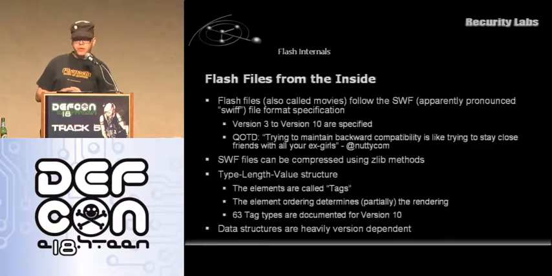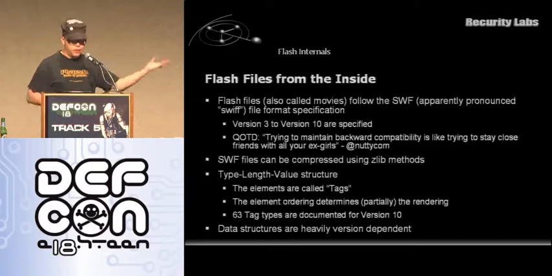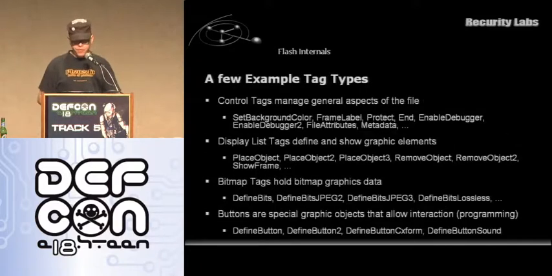In principle, the file format is composed of tags, and tags are simple type-length-value data structures, like containers, in which the specific data structures for this tag type reside. A few examples of tag types. You have control tags, which essentially start and end the movie and set labels and so on.